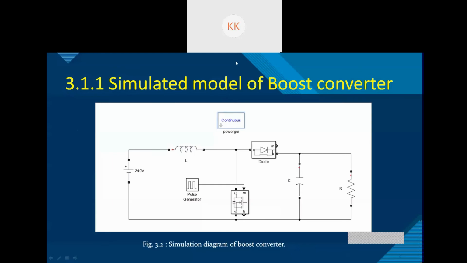Yes, a capacitor current, because the average current of the capacitor is equal to 0.